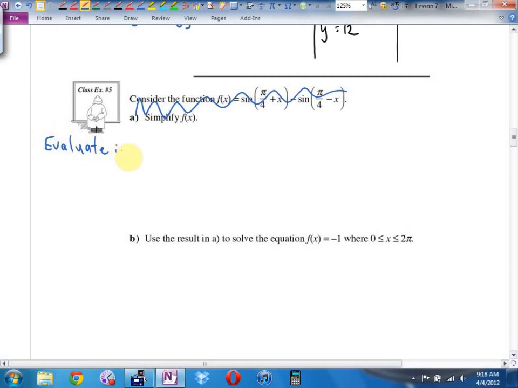Evaluate cosine of 3 pi by 2 minus theta. Now, Katie, the fact that I scribbled out a question and replaced it with a different question in the lesson should hint to you about something. I like this question.